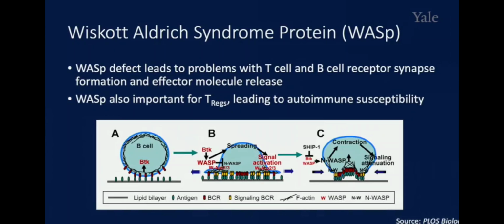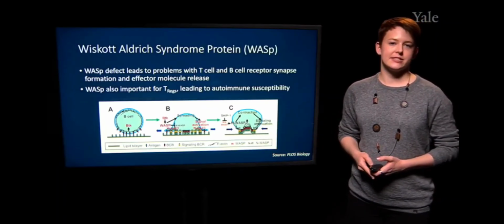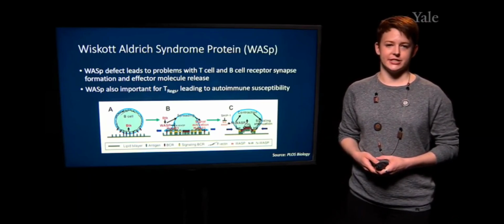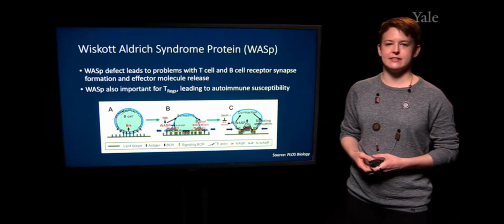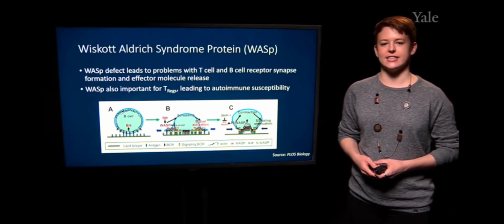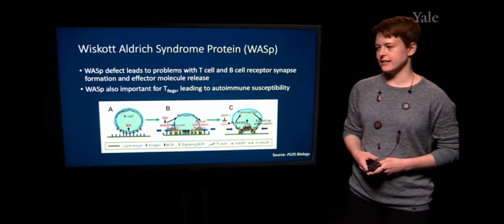When the immune synapse is created, the cell must contract, and therefore the cell needs functional actin. Without the WASP protein, this contraction cannot occur, and T and B cells cannot fully develop. Since this is important for Tregs, that explains the susceptibility to autoimmune diseases as well.